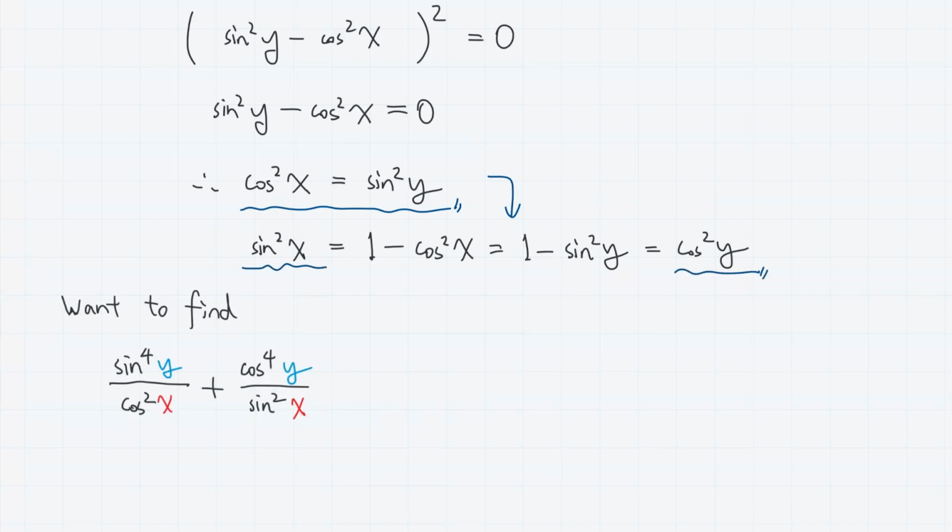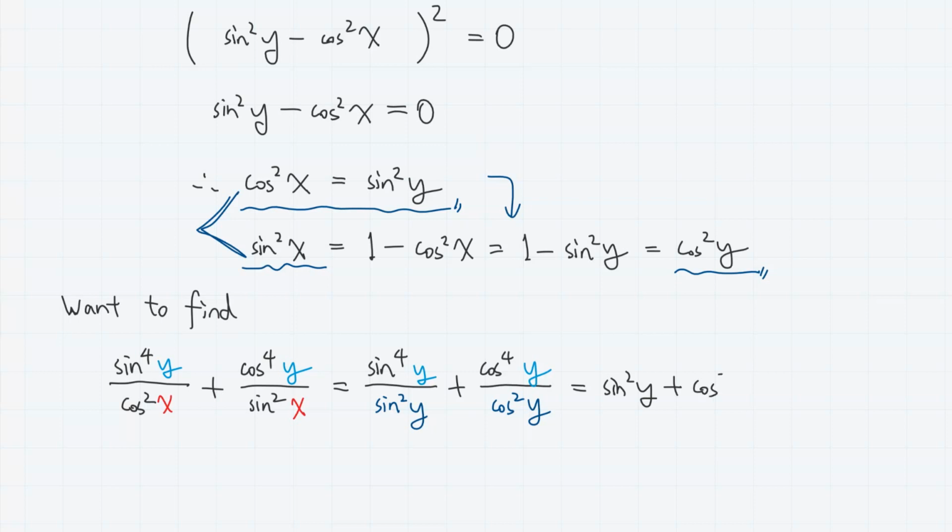We want to find the value of this expression, now with x in the denominators and y in the numerators. And using the conditions that we have obtained, we can change the denominators into sine squared y and cosine squared y. So we have sine squared y plus cosine squared y, which is 1.